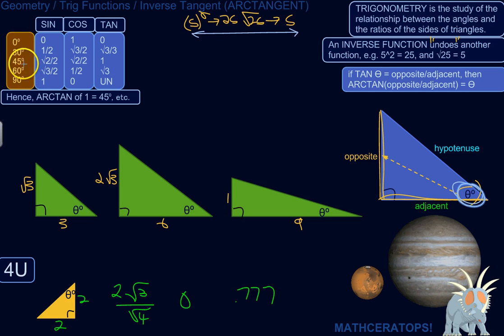So the tangent of a 45-degree angle is 1, or you can think of it as 1 over 1. The ratio of the side opposite to it versus the side adjacent to it is 1 over 1. Well, that means that if I take the arctangent of 1, the answer is 45 degrees.